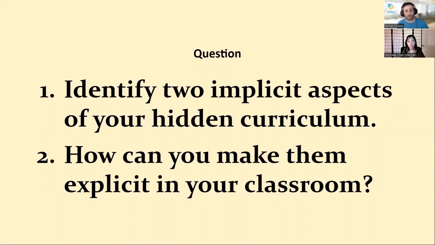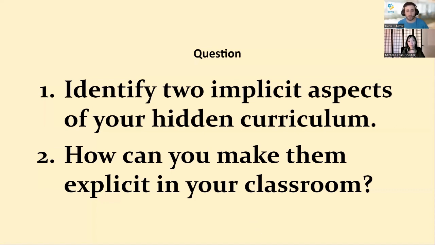Once you've identified at least 2 aspects of your hidden curriculum, take some time to brainstorm some activities and exercises. What can you do in your classroom to communicate these implicit parts of your curriculum and to teach them to your students in a way that is meaningful and allows them to reflect upon and internalize the importance of the agreed upon aspects of your hidden curriculum that you will be sharing with your class?